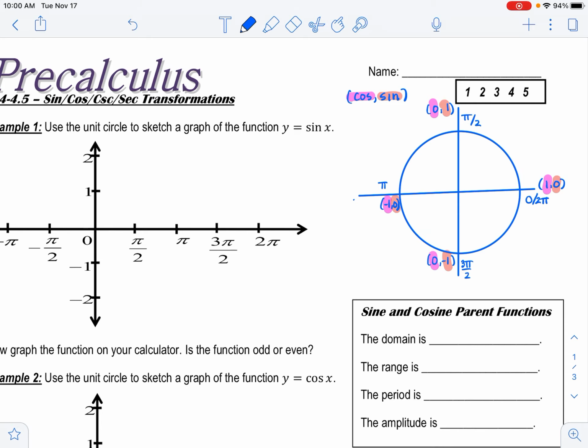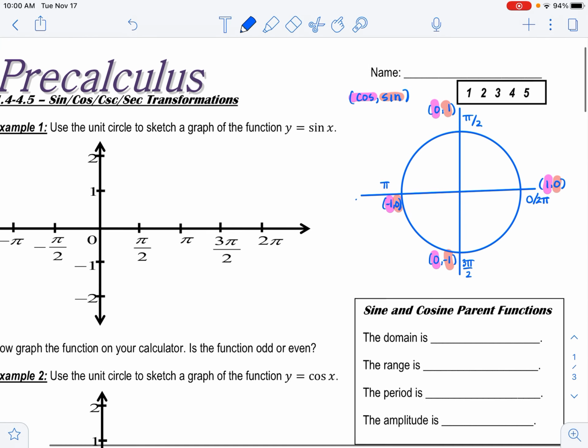Okay, so let's go graph these. We're going to start by plugging in 0. So I want the sine of 0. Sine of 0 is this y value right here, which is 0. So there's my first point, 0, 0. The next one's sine of pi over 2. That's the y value right here, which is 1.